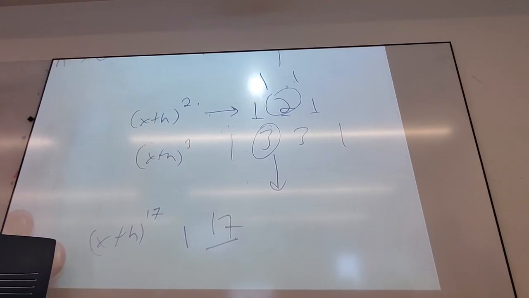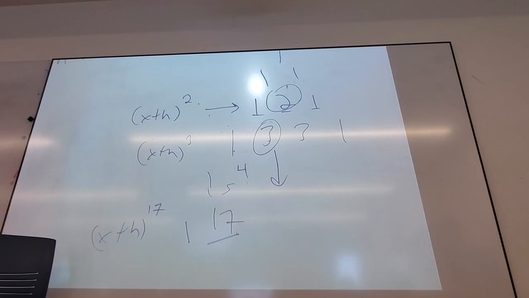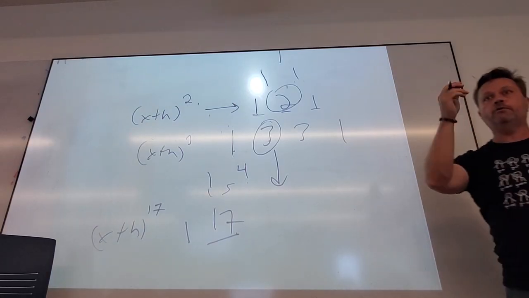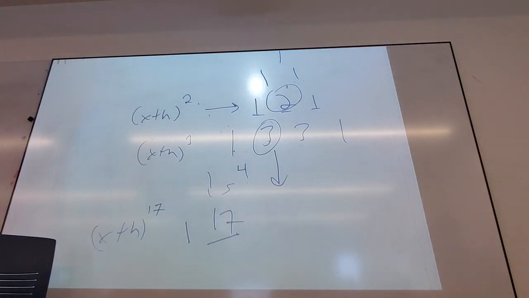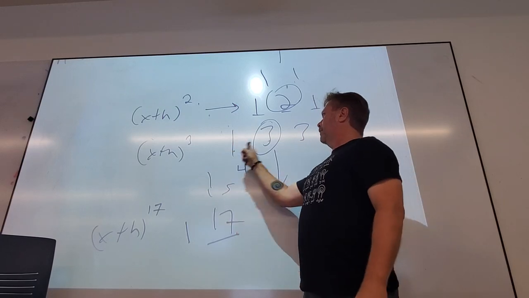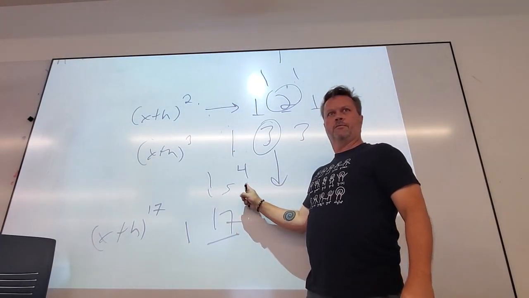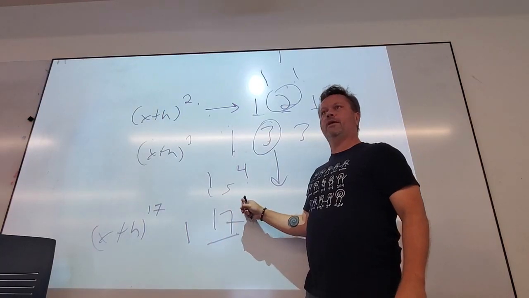You see the pattern. If that's a 1, that's a 3, then next would be 1, 4, next would be 1, 5, and 1, 6. And of course, when I get to the 17th row, it would be a 17, or the row that relates to the 17th power. Is everybody okay with that? The squared row had a 2. The cube row had a 3. The 4th power row, 1 plus 3 is 4. So that second number in is always going to be 1 plus the number that came before.